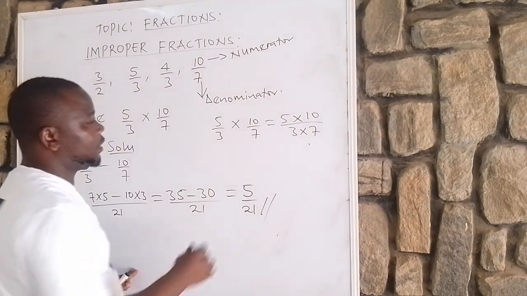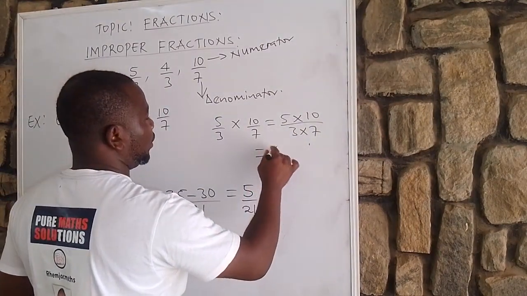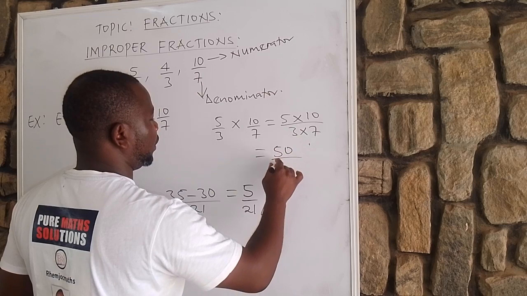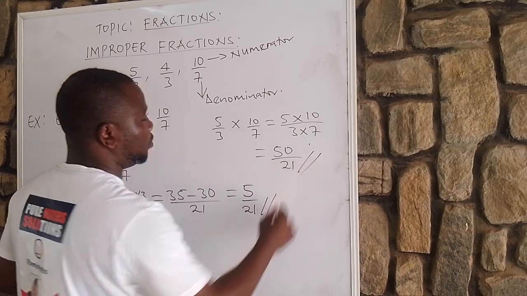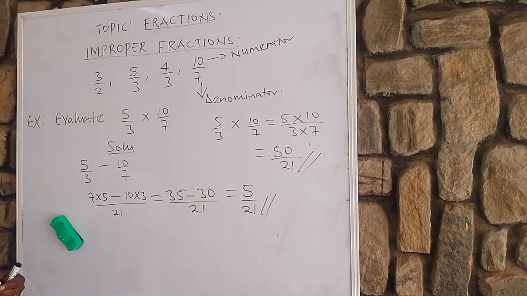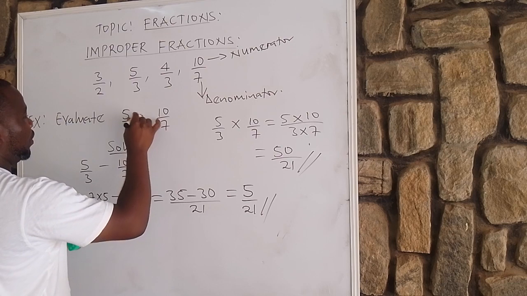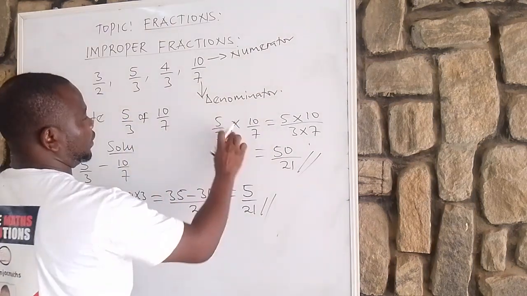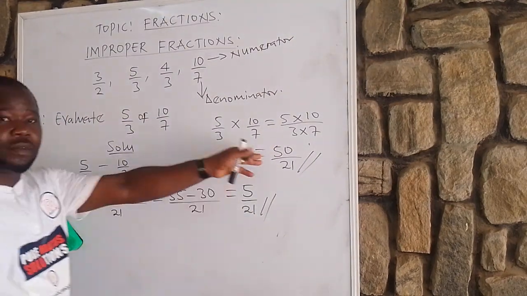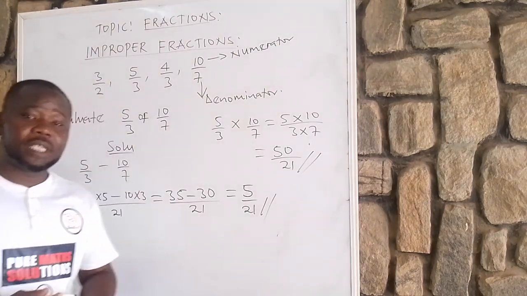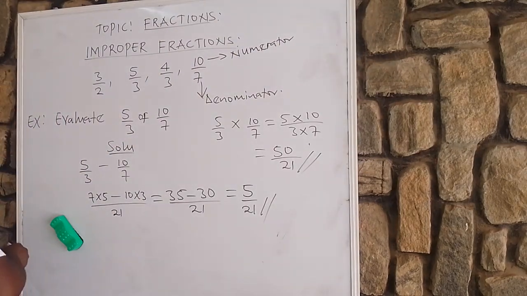Then you discover that at the end of the day, you are going to have 50 all over 21. Any question? Okay, so we are moving forward. So even if here you see off, you still convert it like this. It's the same answer you will still get. Is that clear?